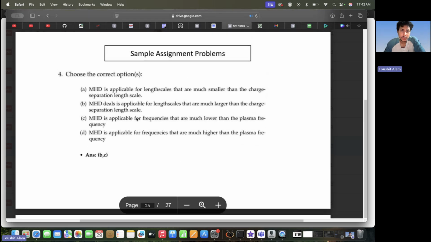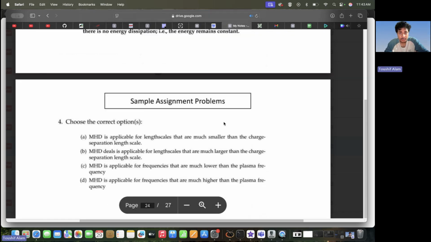Now the next is again an MHD question. MHD is applicable for length scales that are much larger than the charge separation length scale. The charge separation length scale is very small, so MHD is applicable for much larger length scales, not atomic length scales, and it is applicable for frequencies lower than the plasma frequency.